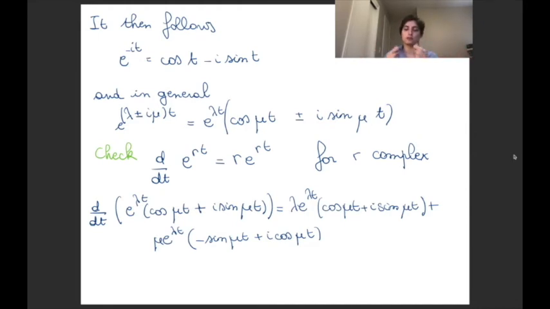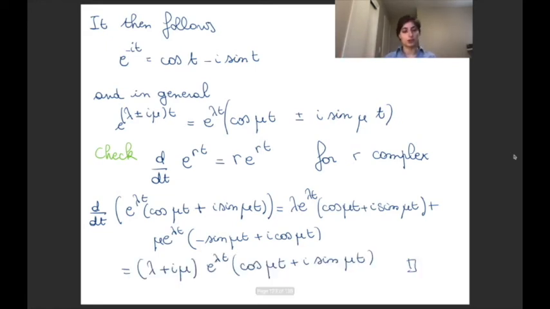It's the derivative of a product, so it is the sum of the derivative of each part. So we have lambda e^(lambda t) multiplied by the same block cos mu t plus i sin mu t, plus e^(lambda t) times the derivative of the parenthesis, that is mu multiplied by minus sine mu t plus i cos mu t.